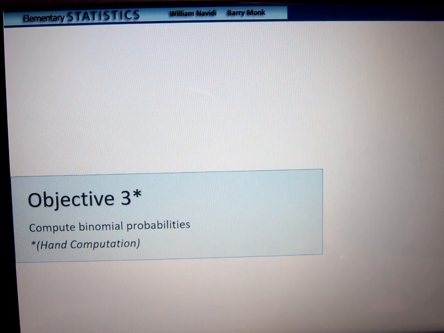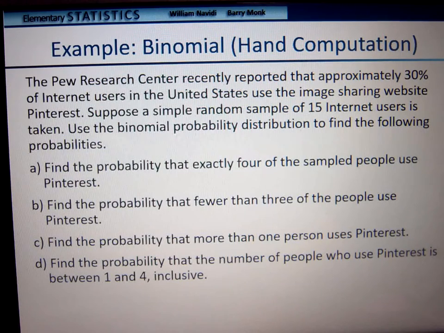Alright, let's look at computing binomial probabilities by hand. Here we have the Pew Research Center recently reporting that 30% of internet users in the United States use the image sharing website Pinterest. Suppose that a simple random sample of 15 internet users is taken. Use the binomial distribution to find the following probabilities.